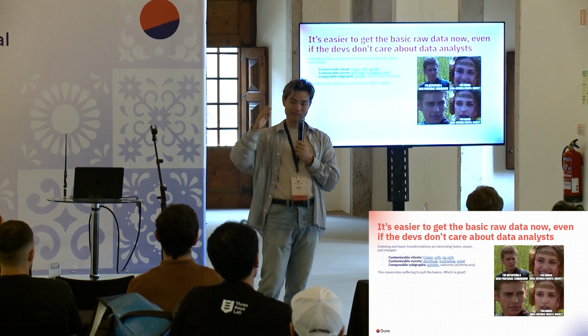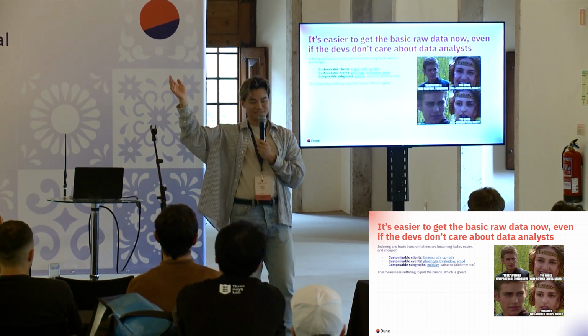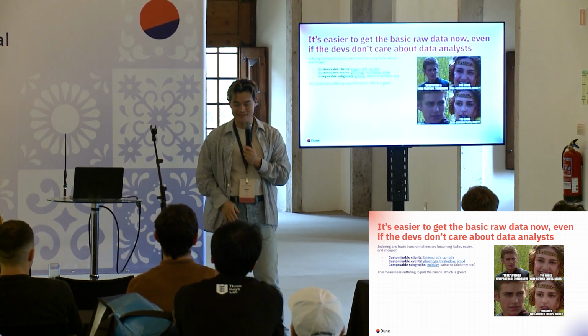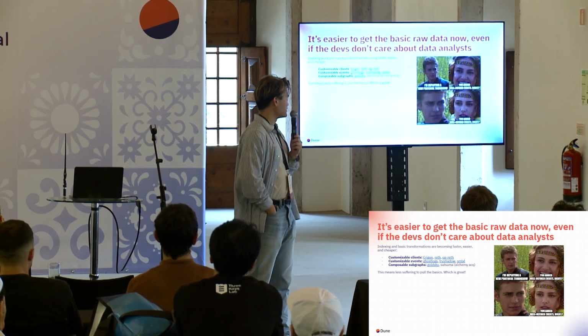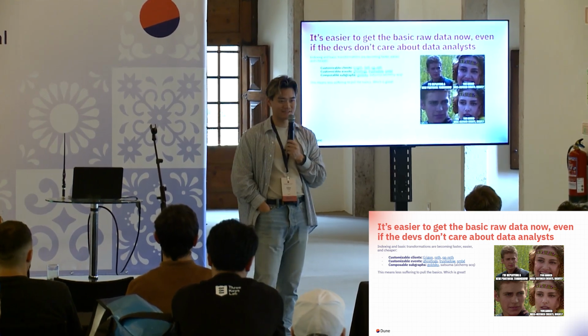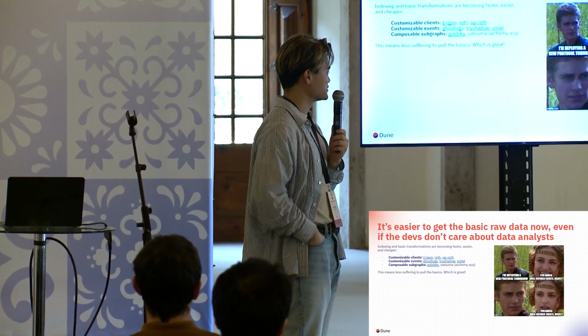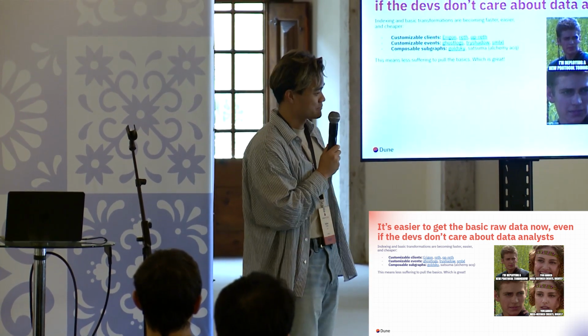You can get all Ethereum logs from a single RPC, you can get all transactions from a single RPC, and traces by transaction hash. You used to have to work with those standards, and you really had no other choice. But now you have more customizable clients like Reth, built by Paradigm.